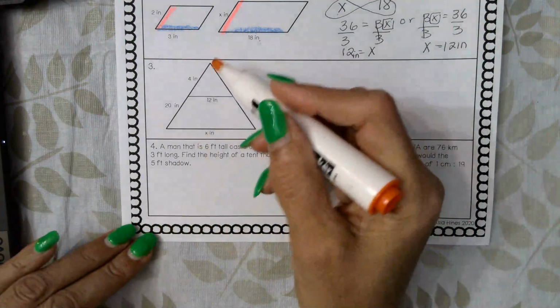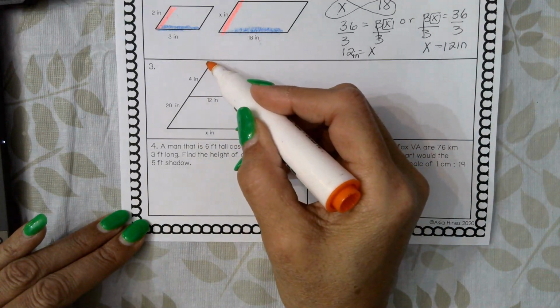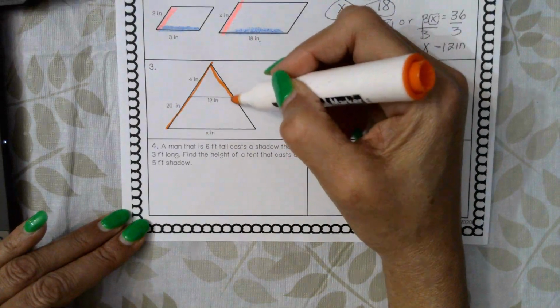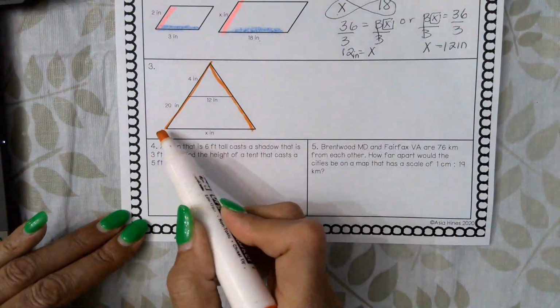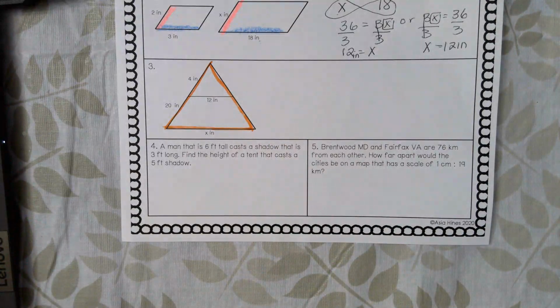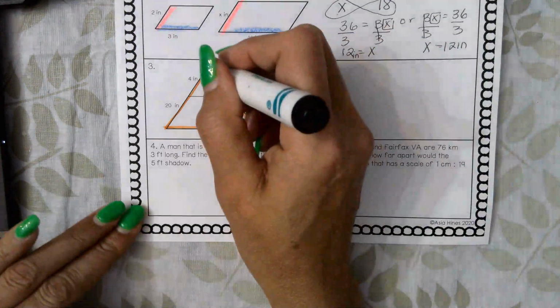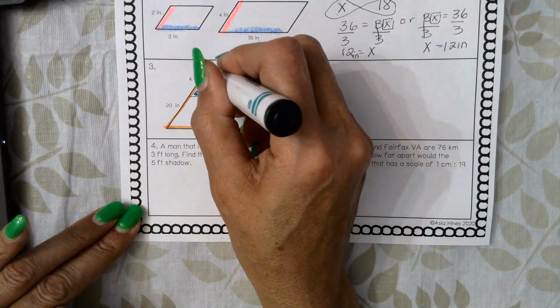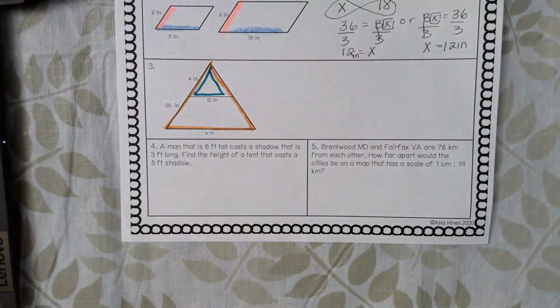So my big one is this. That's my big one. Where's my small one? Correct, the small one is here. Does everybody see that?